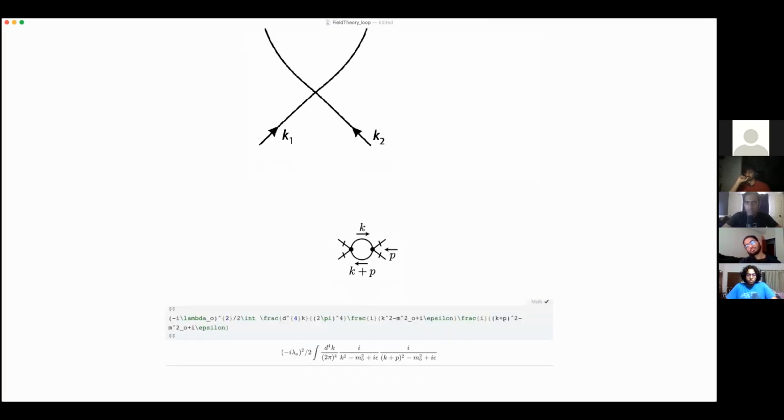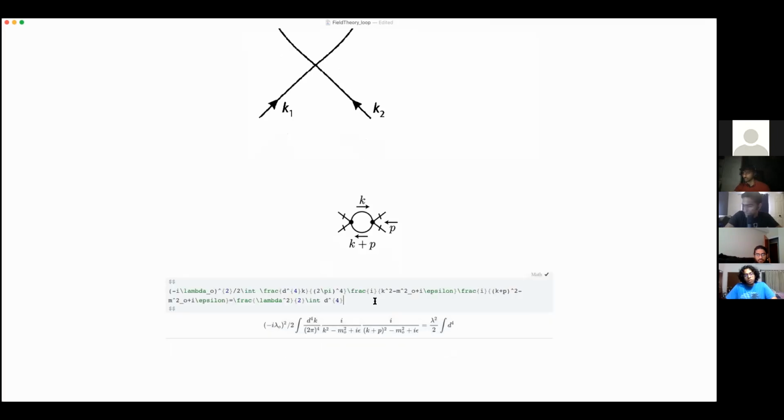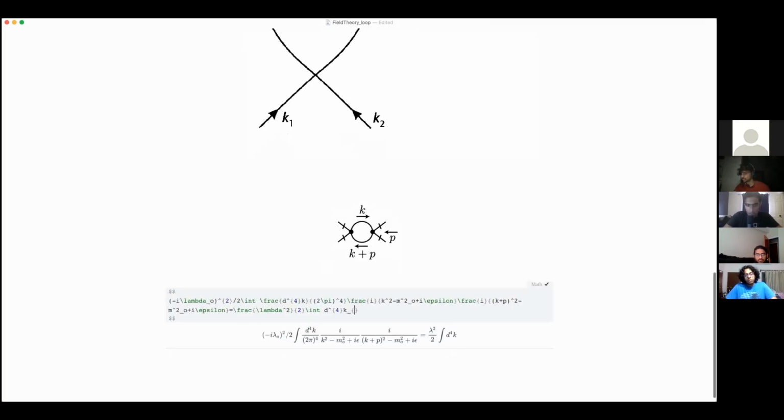And so first step, we're going to rotate back to Euclidean signature, right? So what will happen is that I just have lambda squared over 2, and then I integrate d4 k_E.